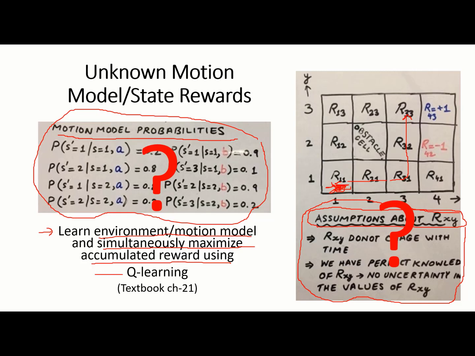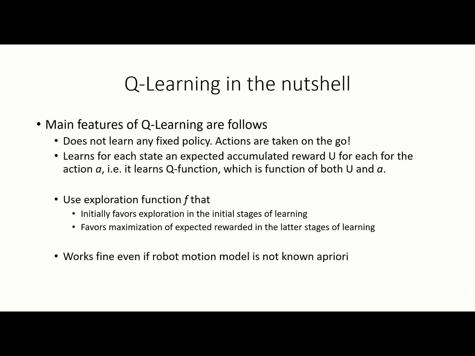The approach for that is known as Q-learning, and this is basically a topic of textbook chapter 21. But we're just going to describe some salient features of Q-learning because a complete and comprehensive discussion is beyond the scope of this lecture. Q-learning essentially relieves us of following any particular fixed policy.